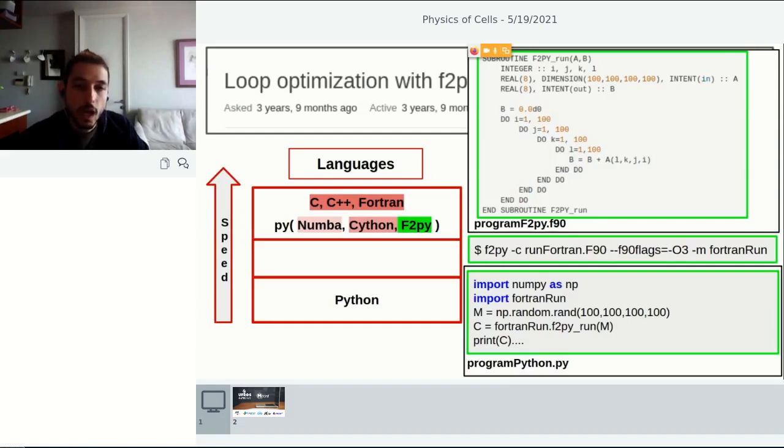So when you have multi-dimensional arrays in Fortran, Fortran will store them in a certain way, because memory is unidimensional.